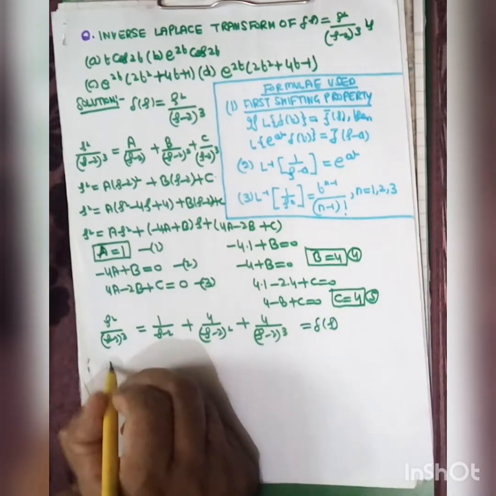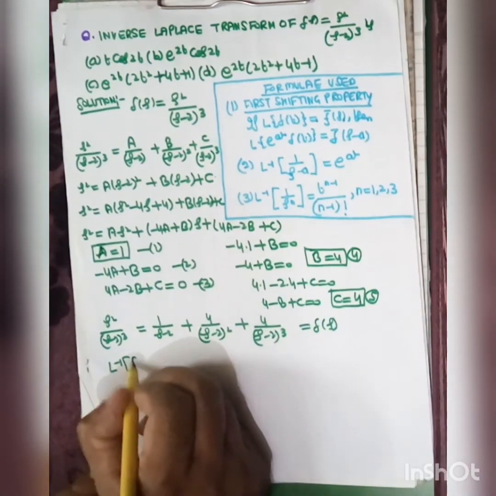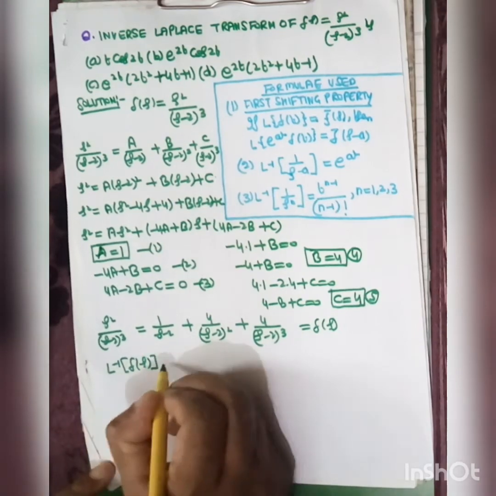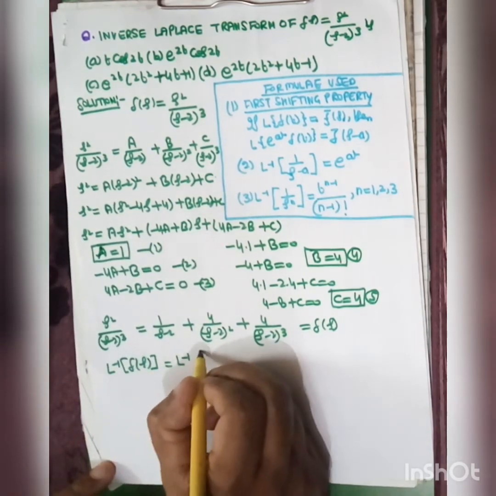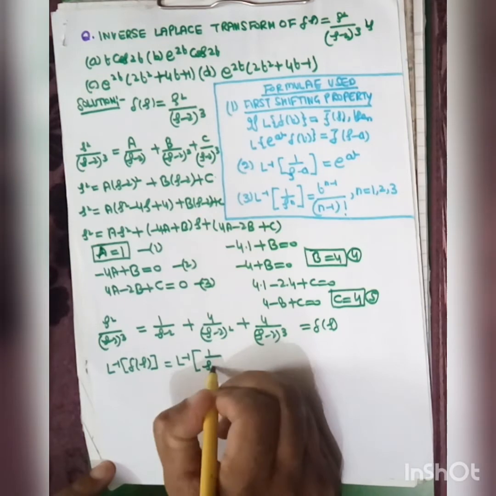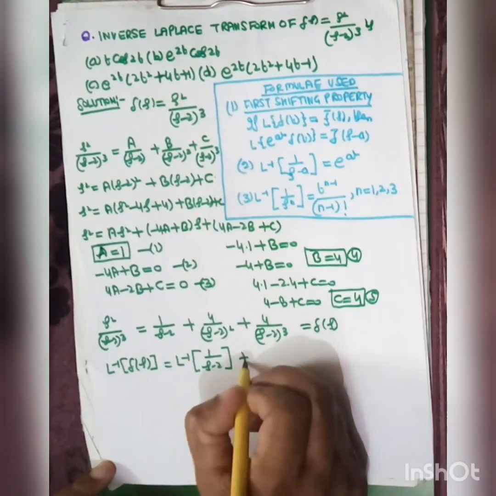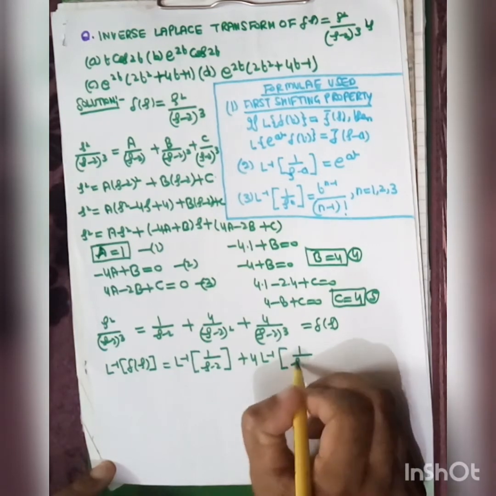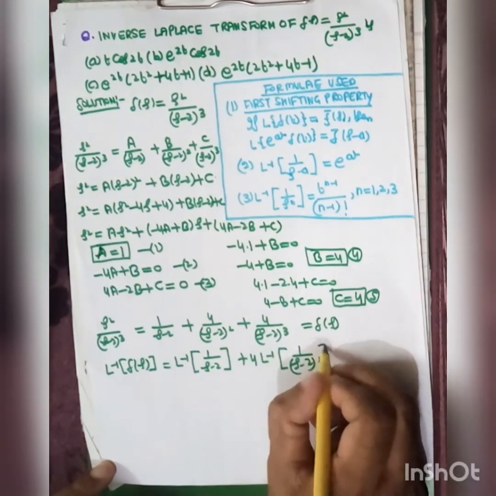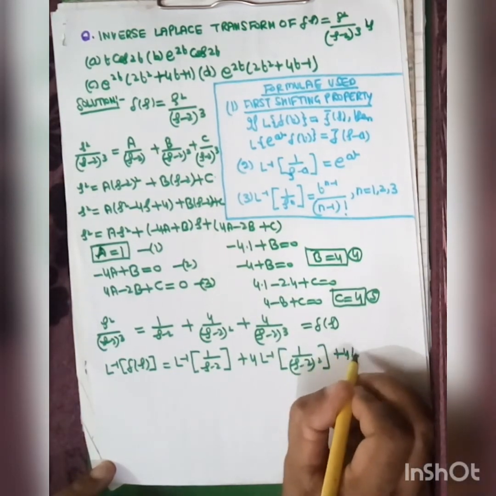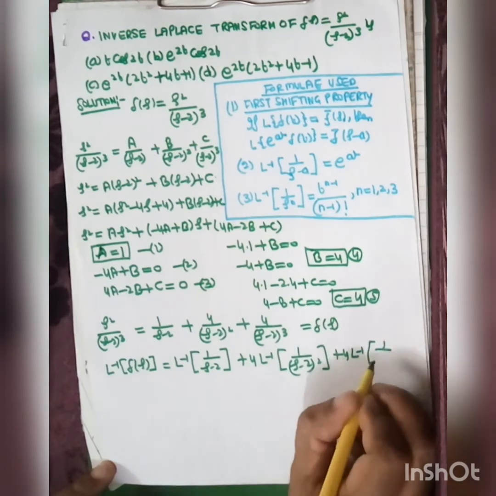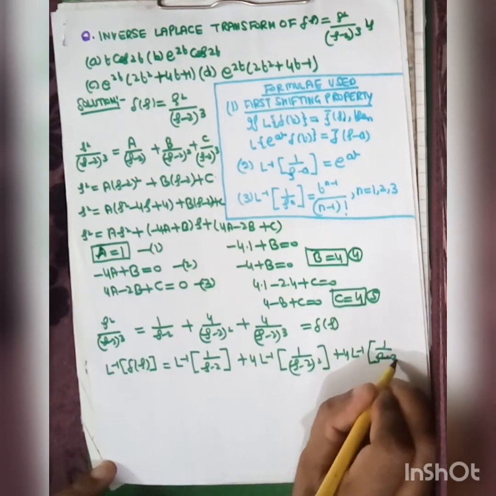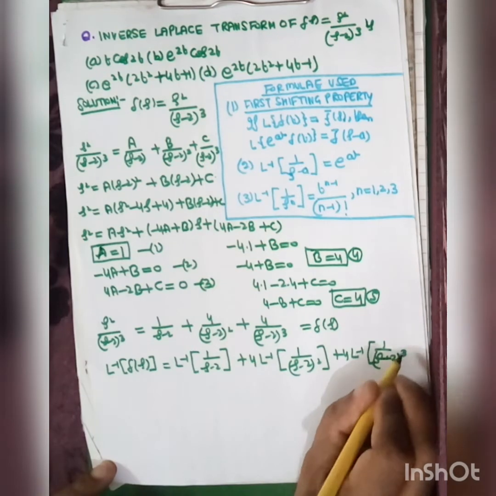So inverse Laplace transform of F(s) will be inverse Laplace transform of 1 upon (s minus 2) plus 4 into inverse Laplace transform of 1 upon (s minus 2) square plus 4 into inverse Laplace transform of 1 upon (s minus 2) cubed.